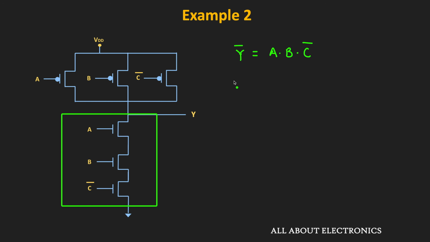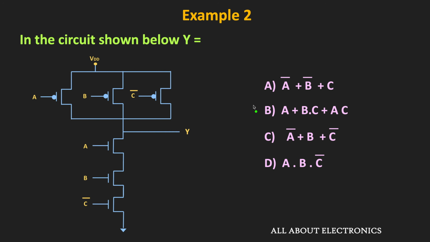Or in other words, we can say that Y is equal to (A dot B dot C bar) whole bar. Or from this we can say that Y is equal to A bar plus B bar plus C. That means the expression of Y is equal to A bar plus B bar plus C. And therefore, for the given question, A is the correct answer.